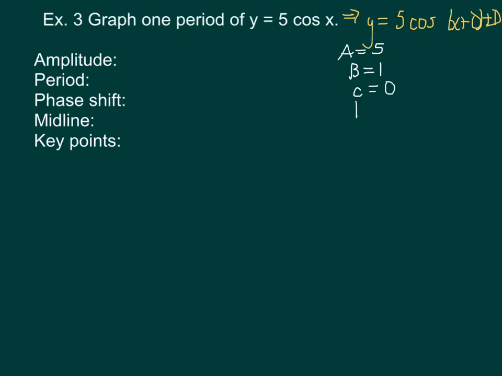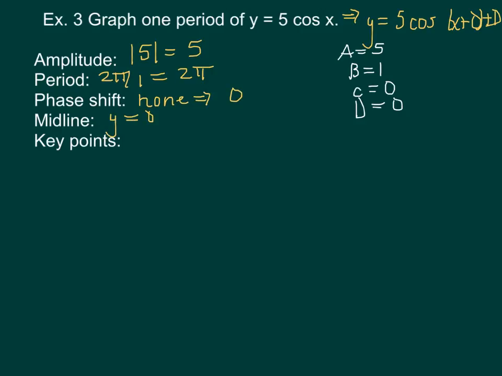C can be 0, and D can be 0. Which means your amplitude is the absolute value of 5, so 5 is your max. Your period is 2 pi over B, which is 2 pi. So that's like your typical cosine graph. Your phase shift is none, so we're not going to move, which means we're going to start at 0. Your midline is y equals 0.